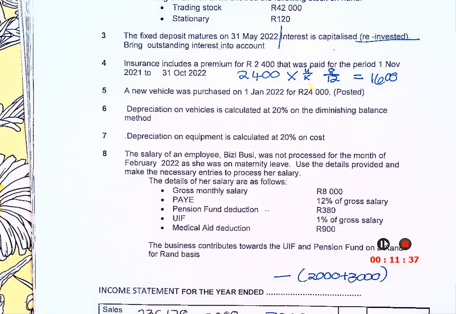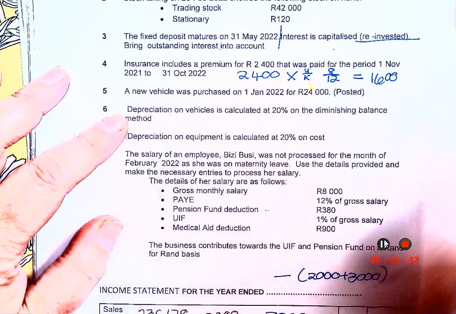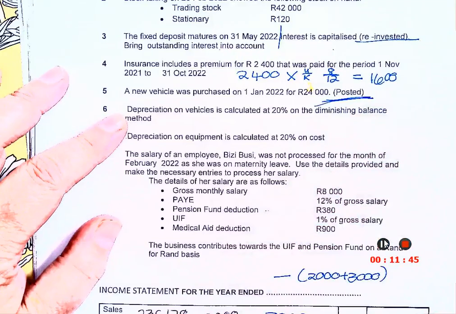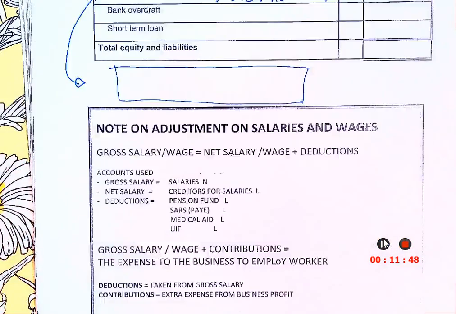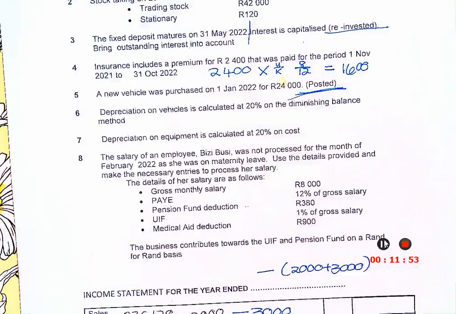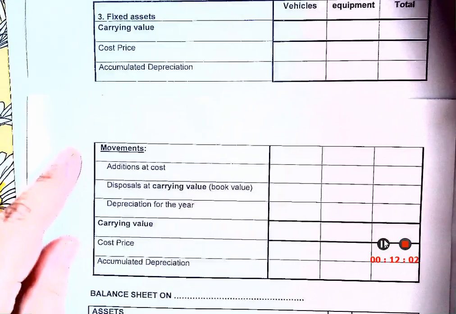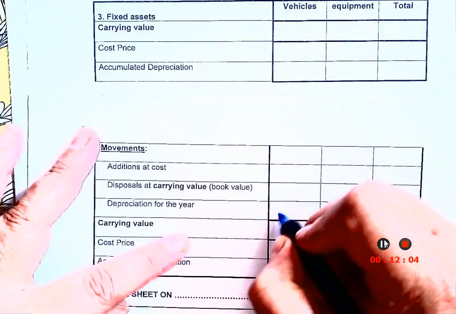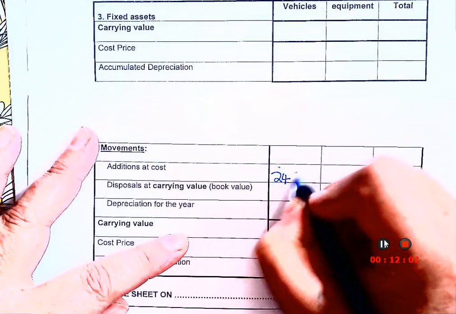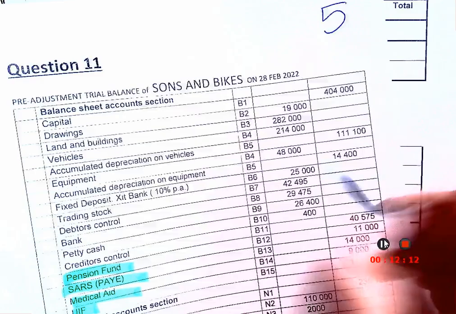Next one. A new vehicle was purchased on the 1st of January and this was posted. So in other words, if I do note 3, which they didn't ask, did they? If they ask note 3 for my vehicles, there's an addition of 24, and it is recorded, which means this 214 is the closing.